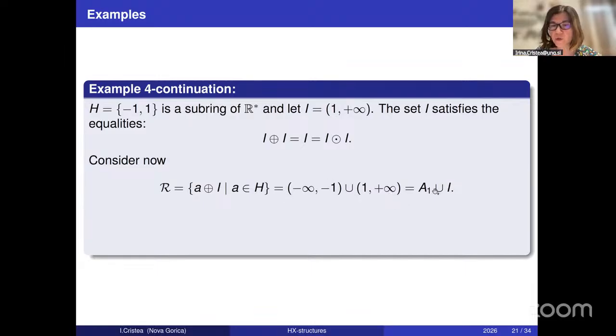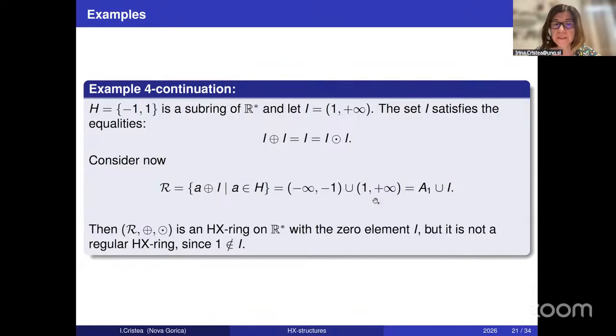The first one I denoted by A1, and the second one is the interval I that was considered before. Then this is an HX ring with the zero element I, but it is not regular, because the identity, the zero element with respect to the addition of R plus, was 1, and this is not contained in our zero element here, because we consider the open interval from 1 to plus infinity.